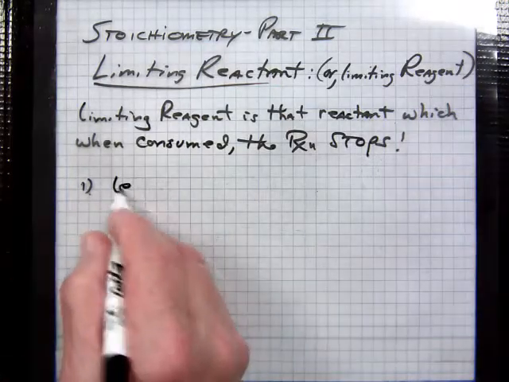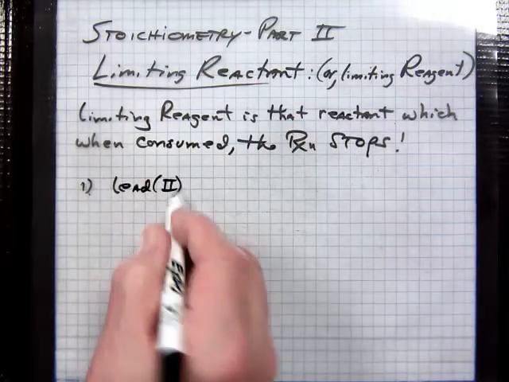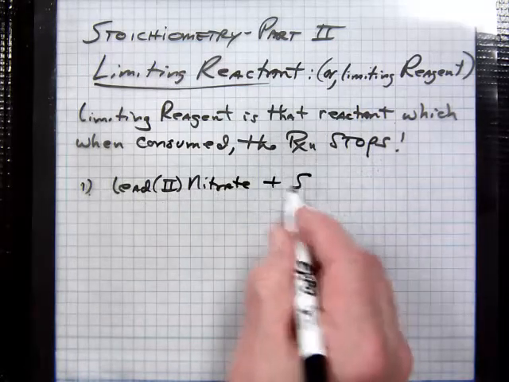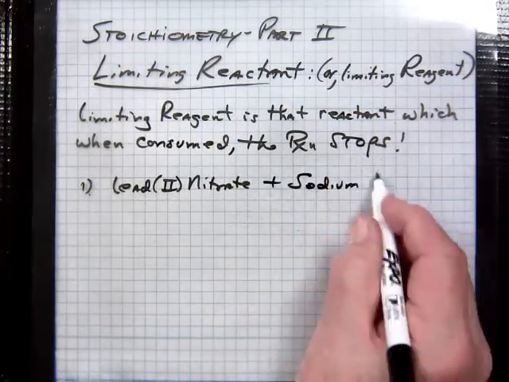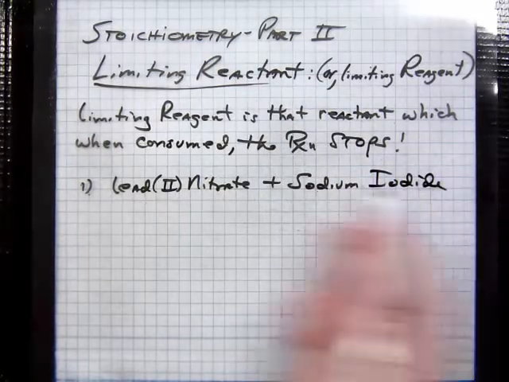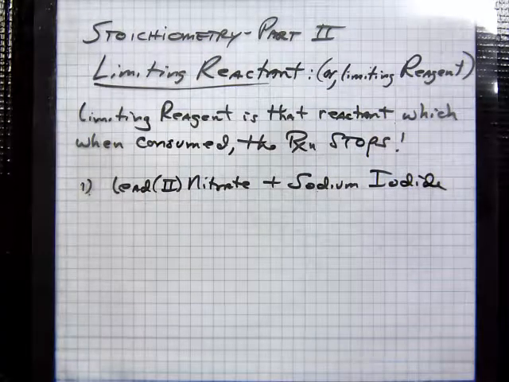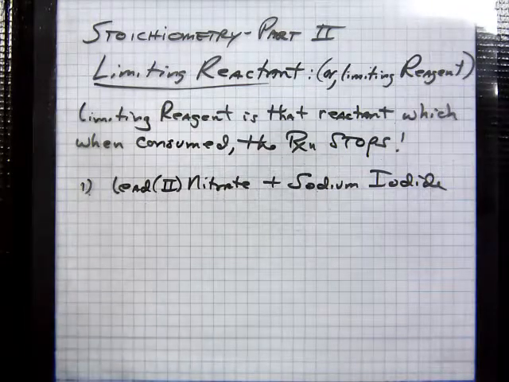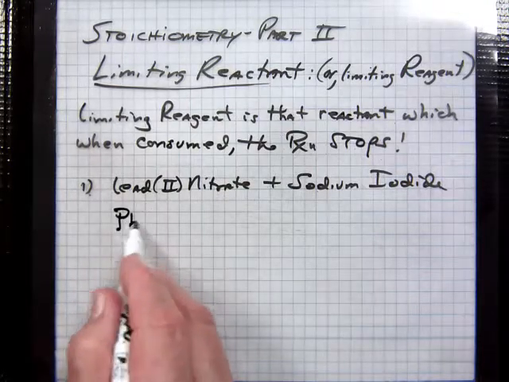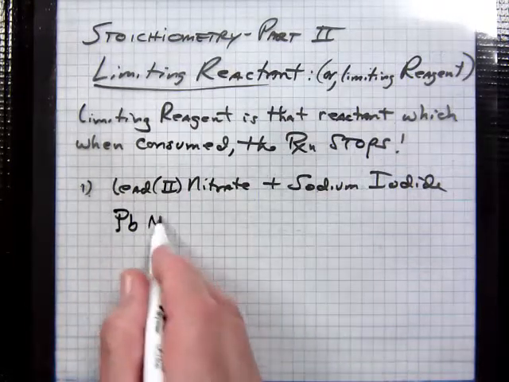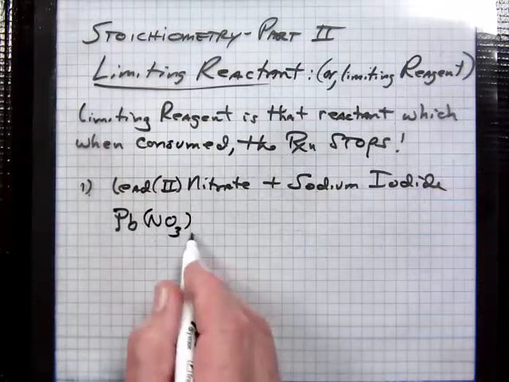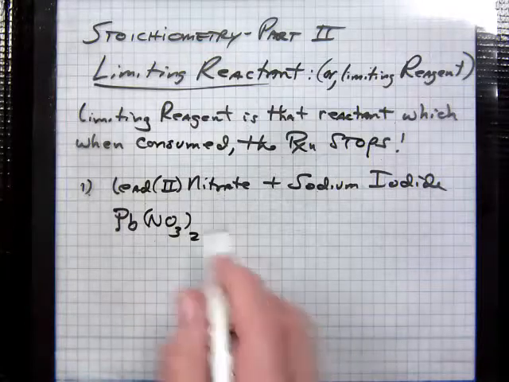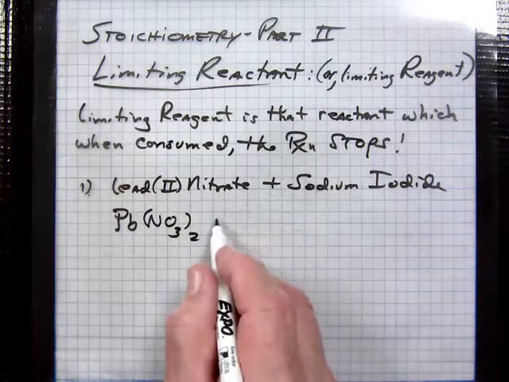Lead II indicates lead is a +2 charge, so we'll go Pb 2+, and we'll hang a nitrate on there. Nitrate's a -1, so we have Pb(NO3)2. It's going to be an aqueous solution, so we'll accept that.